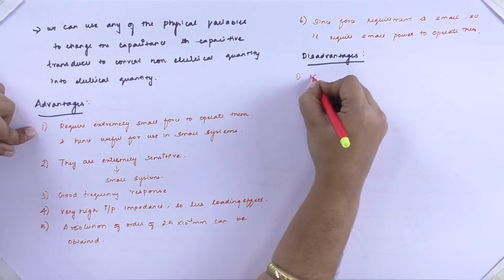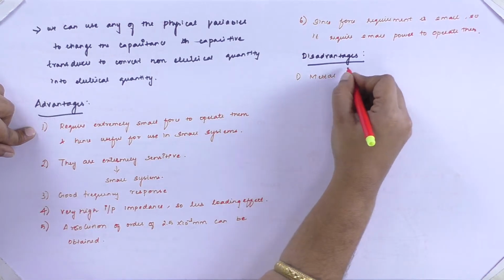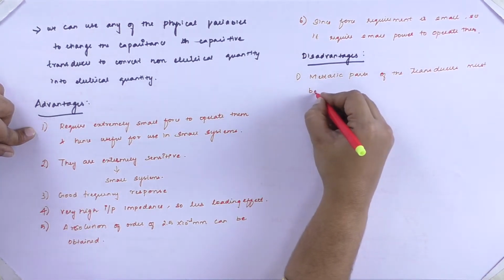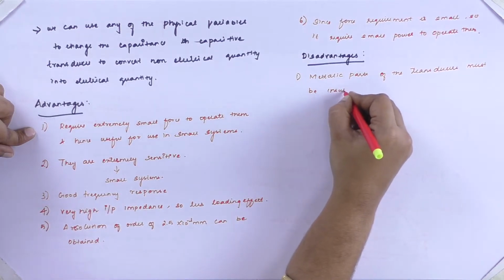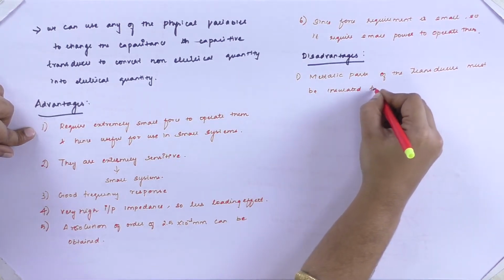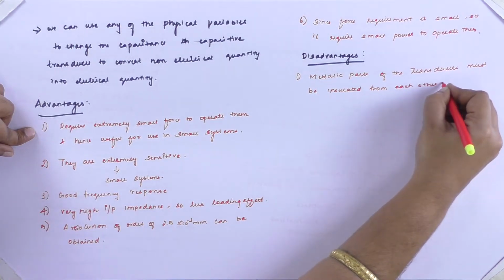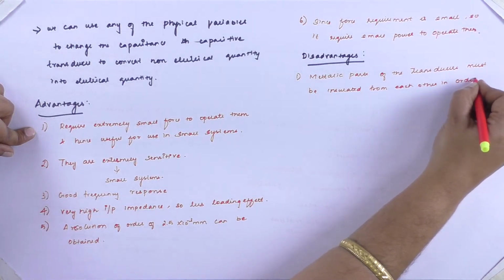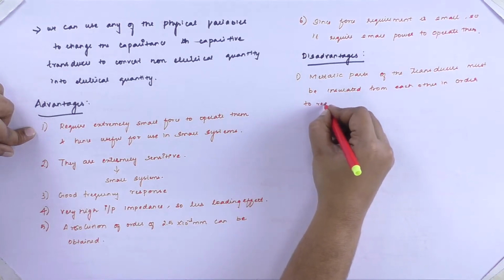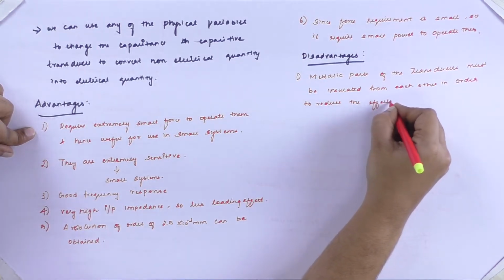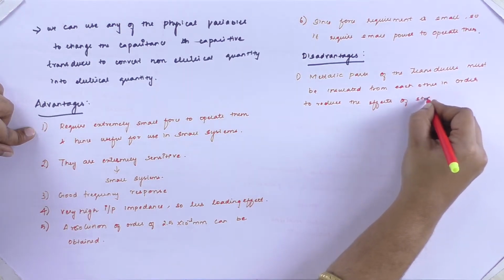First one is the metallic parts of the transducers must be insulated from each other in order to reduce the effects of stray capacitance.